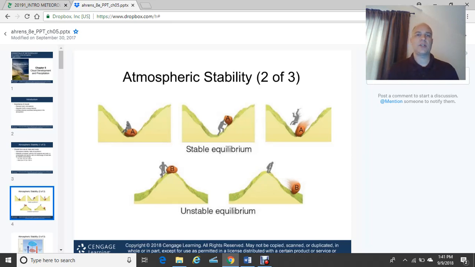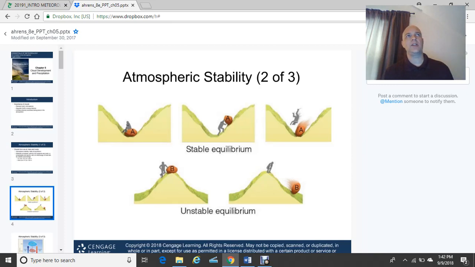The bottom two, however, you'll notice now this gentleman is at the top of the hill and we have a parcel labeled B. As soon as any force, let's say the gentleman here, pushes it down the hill, that parcel will continue to move away from its original starting point, and that is termed unstable equilibrium, or simply an unstable atmosphere.